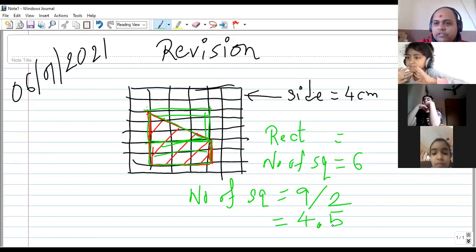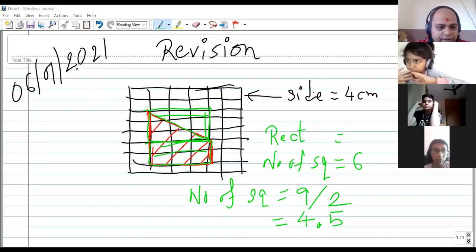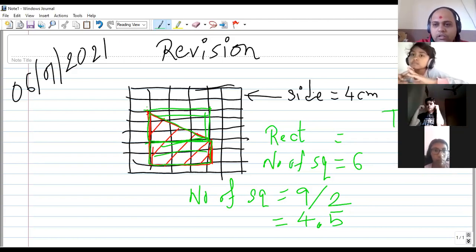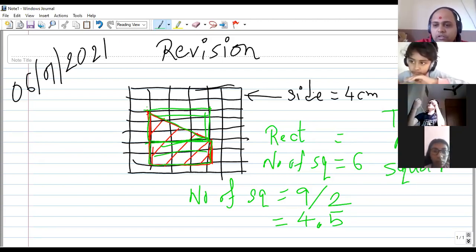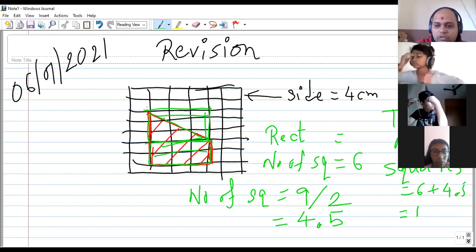Yes, 9 divided by 2 is 4.5. So the total number of squares is 6 plus 4.5, which equals 10.5, right?